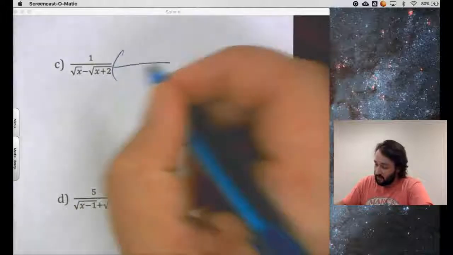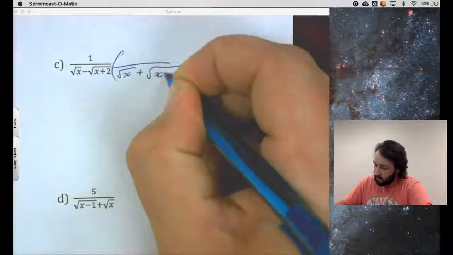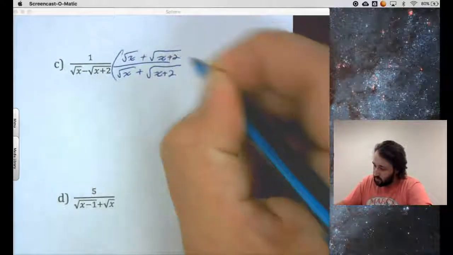All right. Same sort of idea with C. So the conjugate would be root x plus root x plus 2. So root x plus root x plus 2.